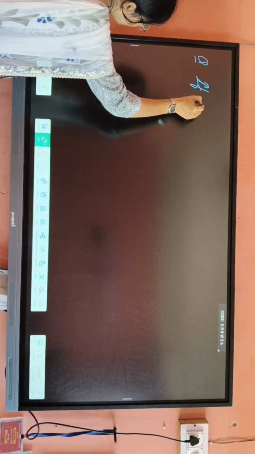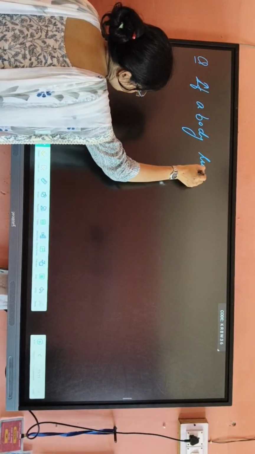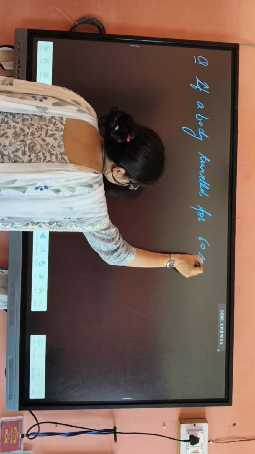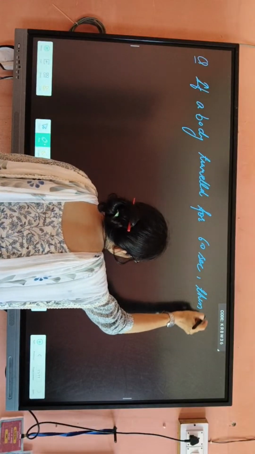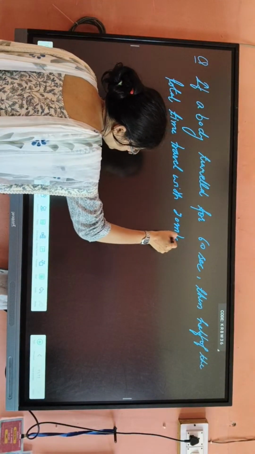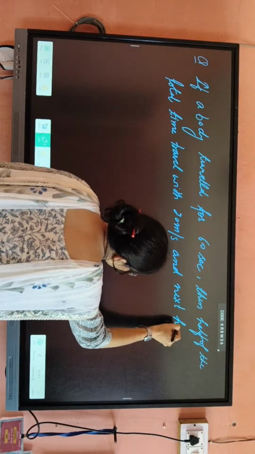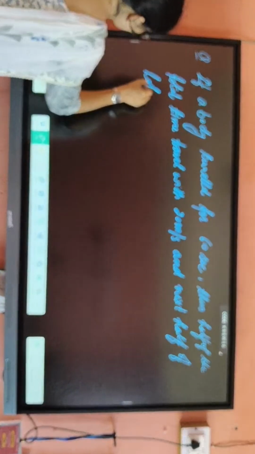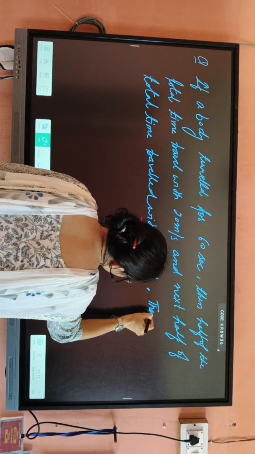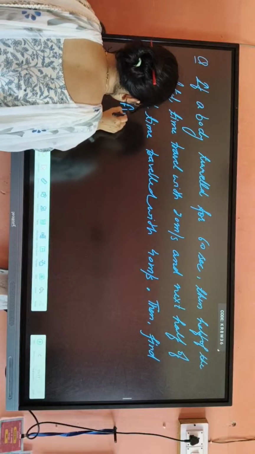If a body travels for 60 seconds, then half of the total time traveled with 20 meter per second, and next half of total time traveled with 40 meter per second. Then find average velocity.